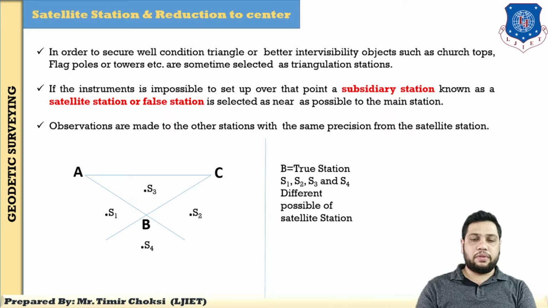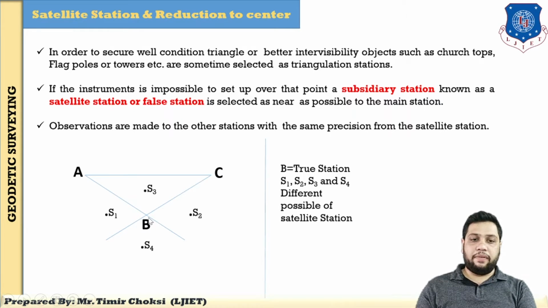So in this condition you select a satellite station, but there are a number of possibilities for selecting it. Sometimes you select the satellite station on the right side of the true station, the left side, below or above the true station. These are the possibilities for setting up the satellite station, subsidiary station or false station.